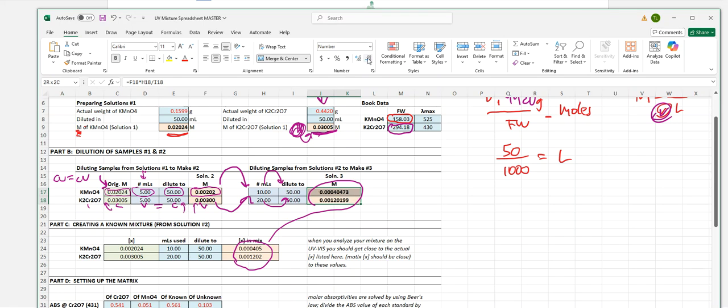I'm going to shorten these down. There you go. All right. So they should be identical because you use the same amounts in order to make them. The only difference is that these are separate and then this one here is combined. Those are the only two differences between those sets. Same concentrations though.